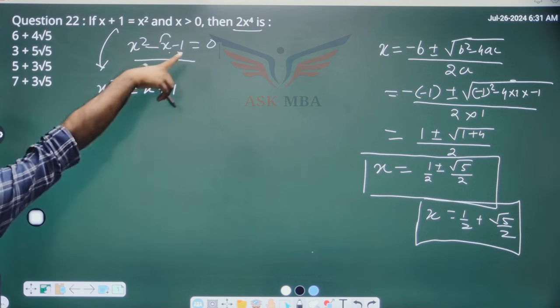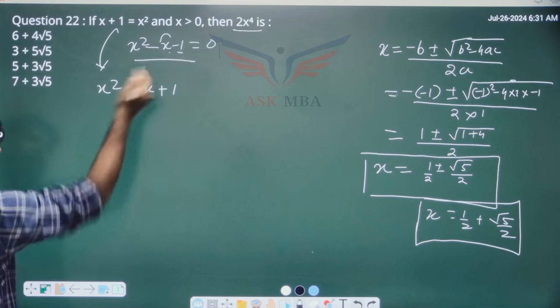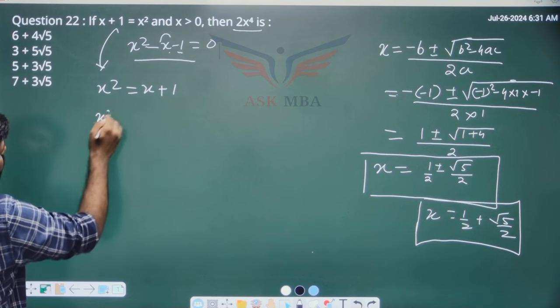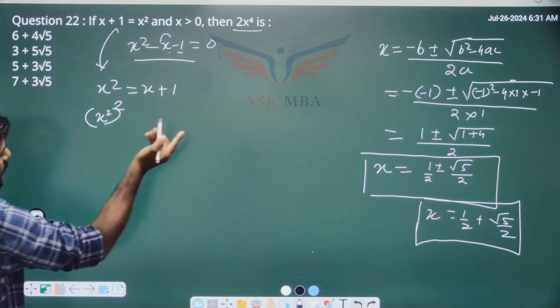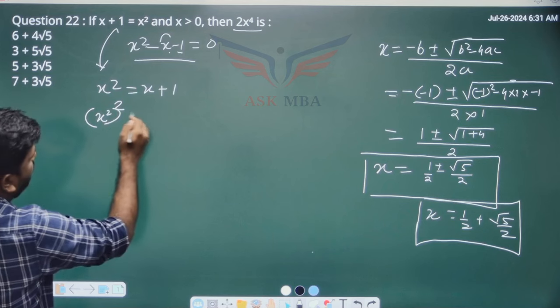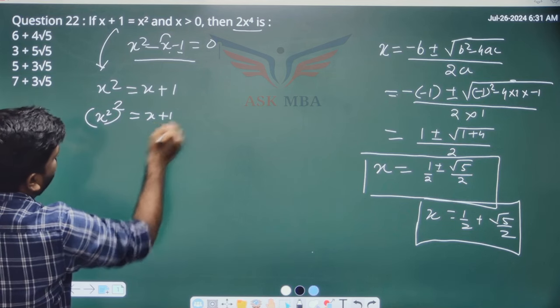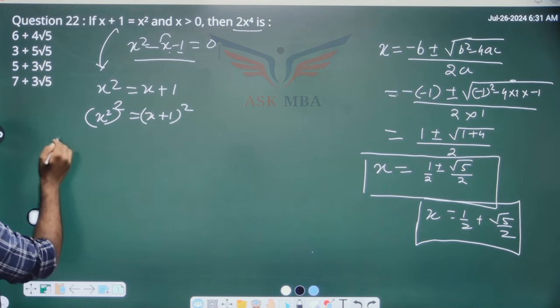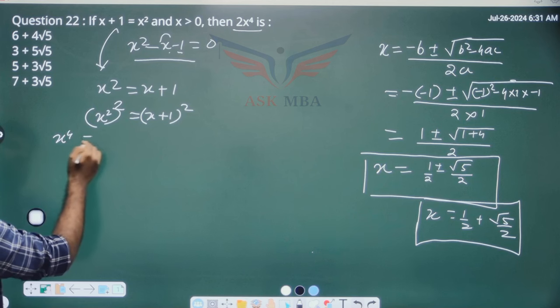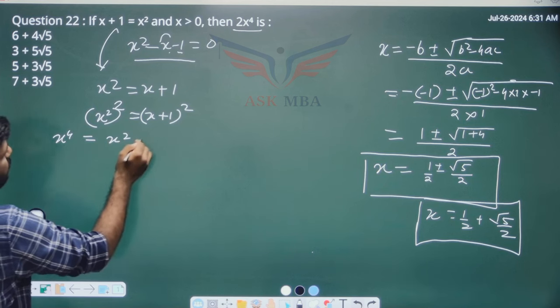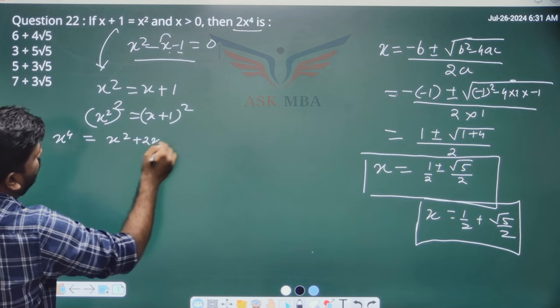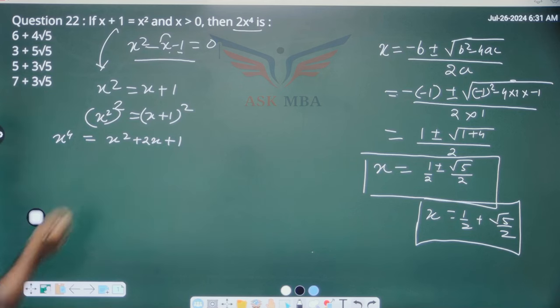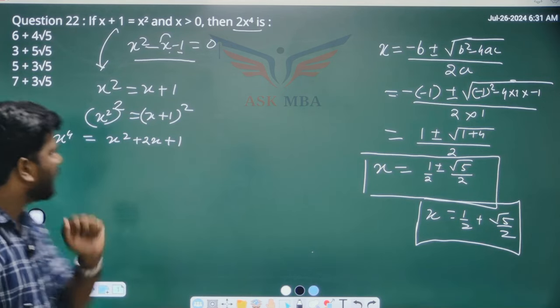So what will we do with x square? Let's take square on both sides. This will be x square whole square, equal to x plus 1 whole square. From this you will get x power 4 equal to x square plus 2x plus 1, using the simple algebraic identity a plus b whole square equals a square plus 2ab plus b square.